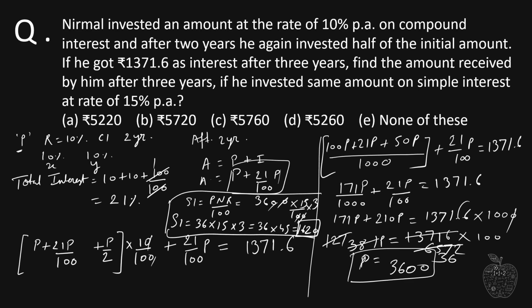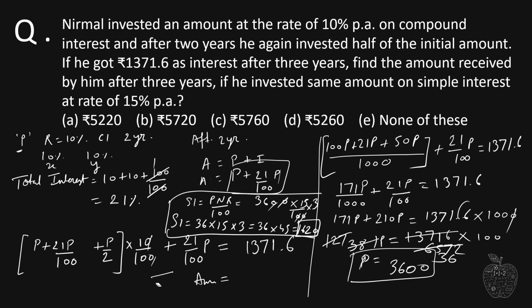Now find the amount received by him after 3 years. So the total amount received by him is what? He first got 1620 from here, right? And he got the original amount, which is 3600. Let me first write the formula, or you will get confused.